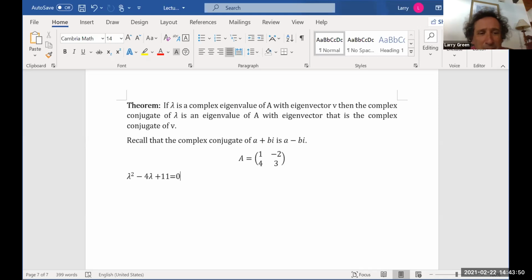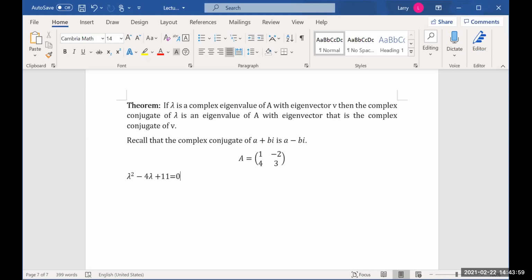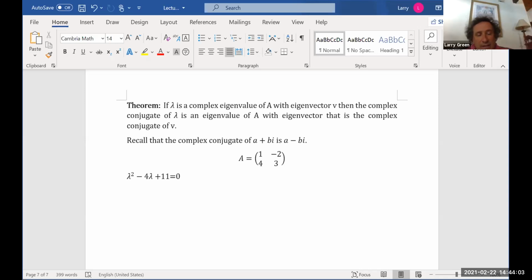But what do you notice about b squared minus 4ac? You're going to get a negative in the square root. Yeah. So let's actually do it because it's worth it.